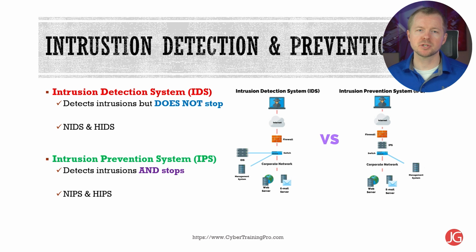There are two types of intrusion detection systems that you need to know about. We have network-based IDS, or NIDS, which looks at network traffic patterns and tries to match them with a signature of a known attack. We have host-based IDSs, HIDS, which are installed on systems, and they monitor activity only on that system, like registry changes.